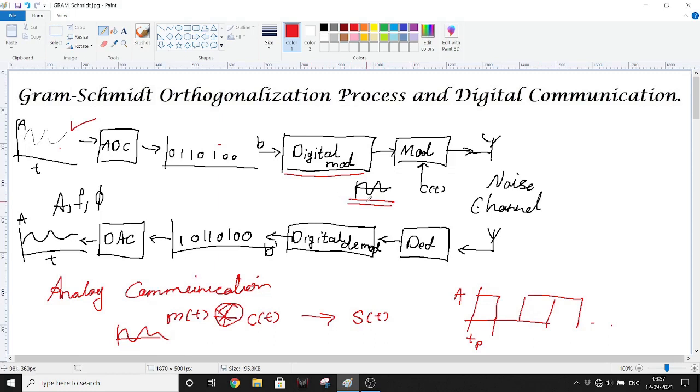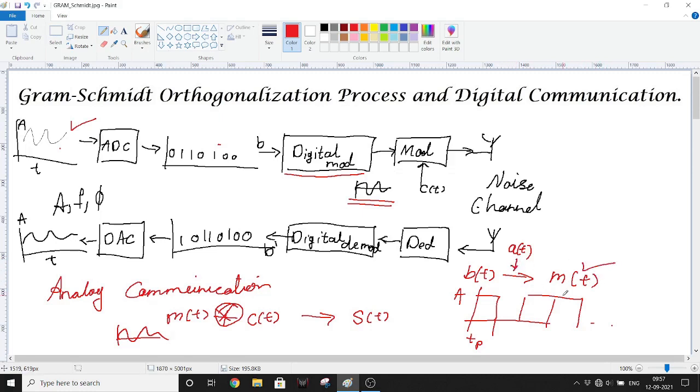a digital modulation technique, where this b of t is converted using a simple sine wave or a cos wave or a combination of those waves. We can take that as something like a of t. When a of t and b of t are both combined, we get something called m of t.